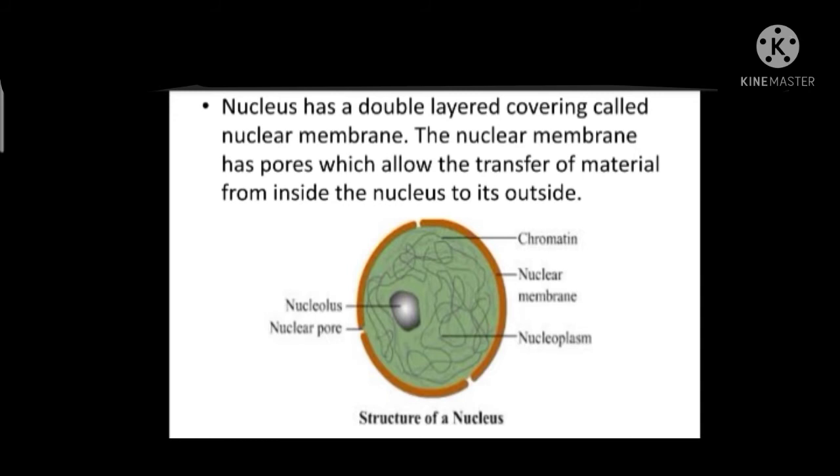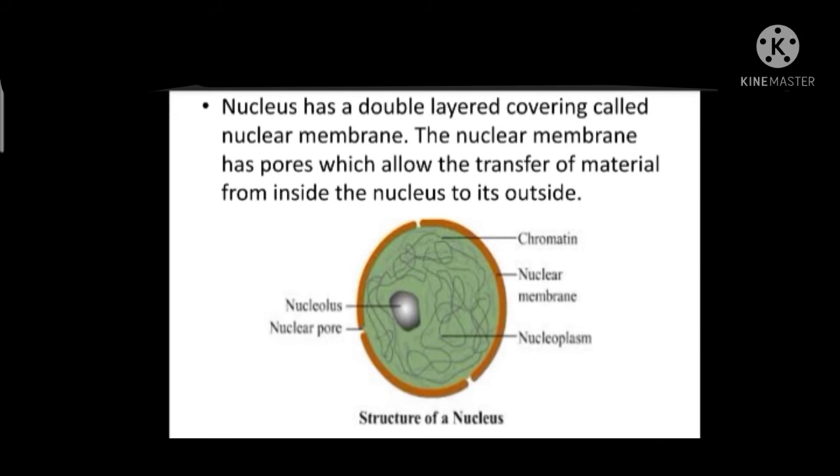Iodine solution can be used for staining onion peel. At the same time, onion peel can also be stained by safranin. So when we add the stain, what happens? Different parts of the cell will be stained differently. That means some parts will be darkly stained and some will be lightly colored.